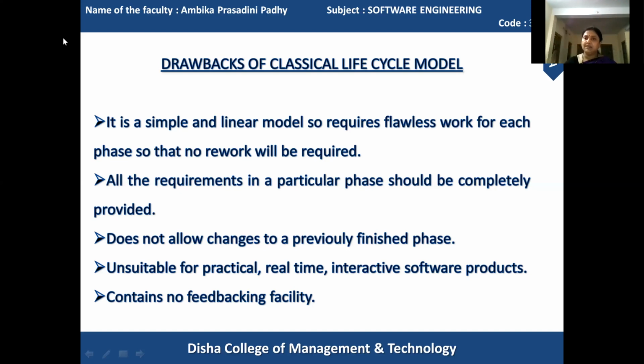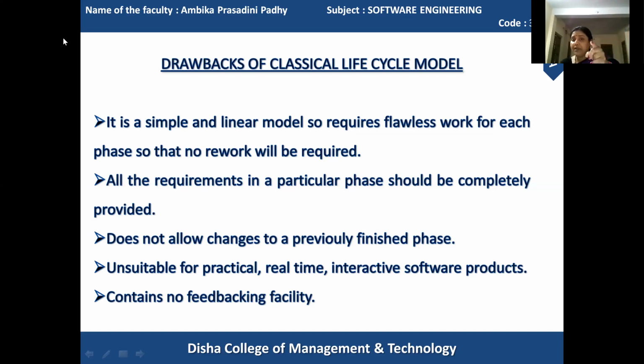If we leave any requirement out, that may cause many other problems. To prevent that, all the requirements must be identified and collected beforehand, before starting the work.